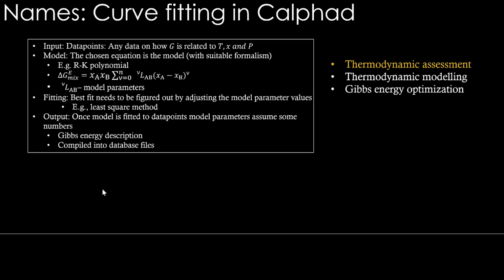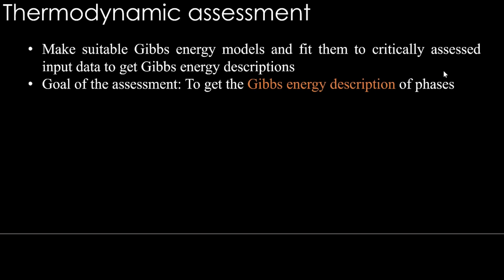The names of this entire process are these. Different names are used in the literature: thermodynamic assessment, thermodynamic modeling, Gibbs energy optimization. Sometimes the output is published under the name of thermodynamic description of so and so alloy system, things like that. So these are all the same things. We are going to continue with the term thermodynamic assessment, right?